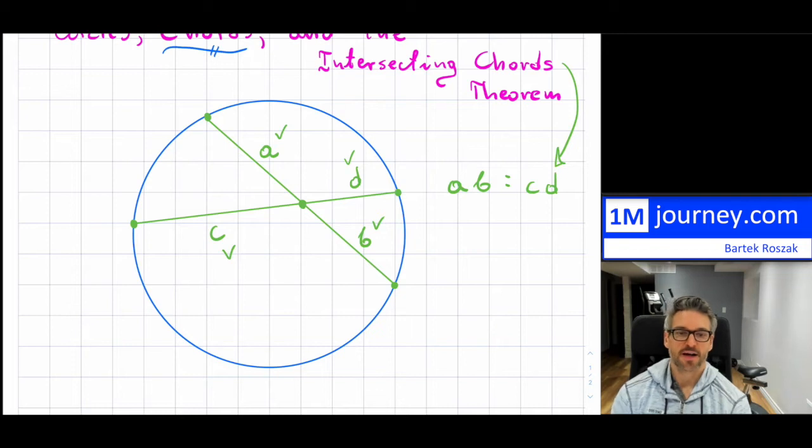Now you might say, how in the world does this come about? If you've studied similar triangles ever, and you should study them at some point, and you will be studying them in grade 10 a little bit later, I'll give you a little bit of a hint. Similar triangles basically have the same angles, but they don't necessarily have the same sides.